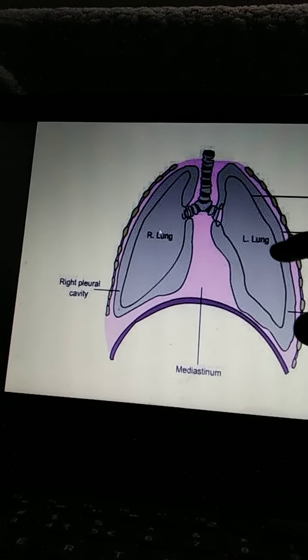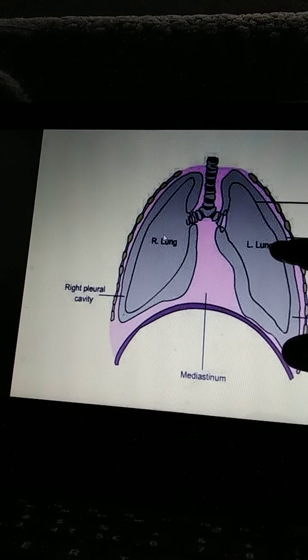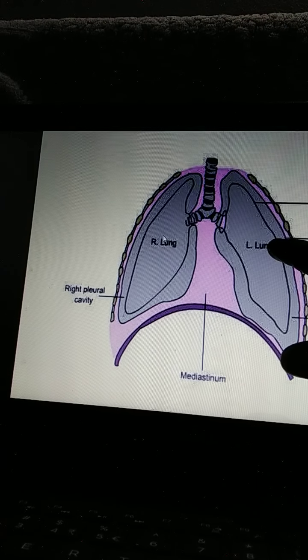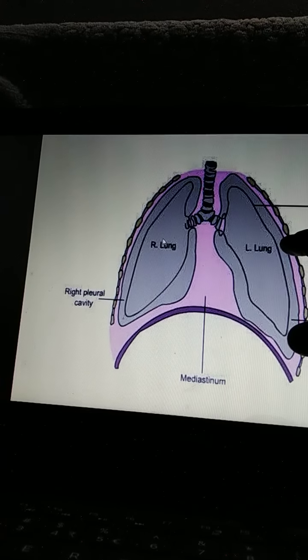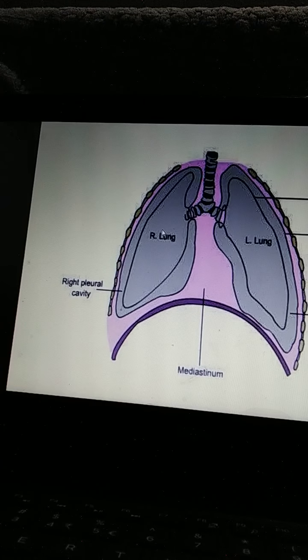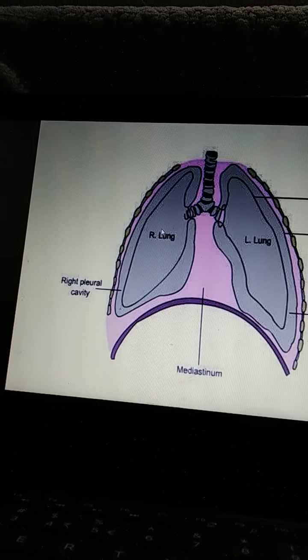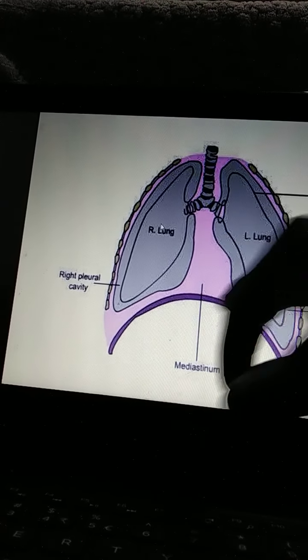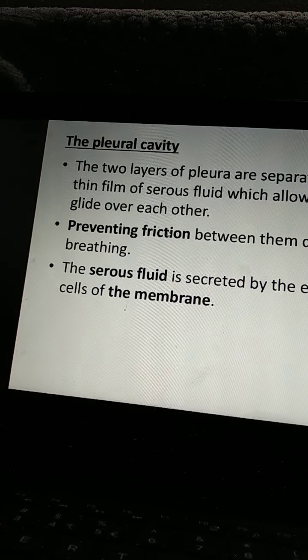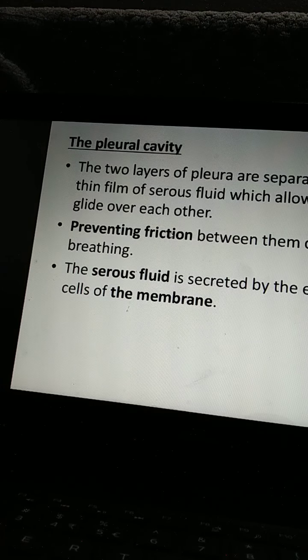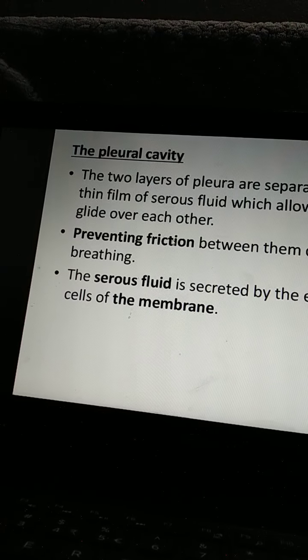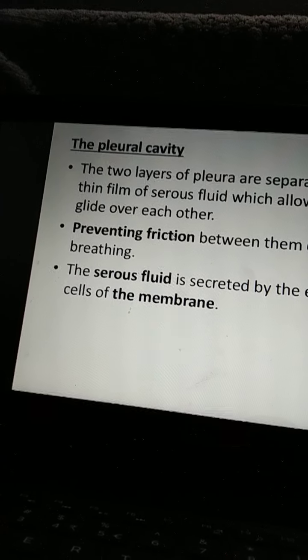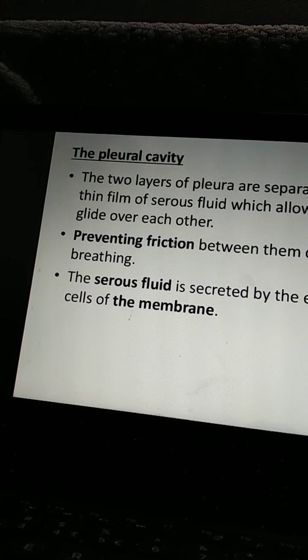The parietal pleura is attached to the thoracic cavity. Within the lungs there is a mediastinum. The two layers of the pleura are separated by a thin film of serous fluid, which prevents friction.